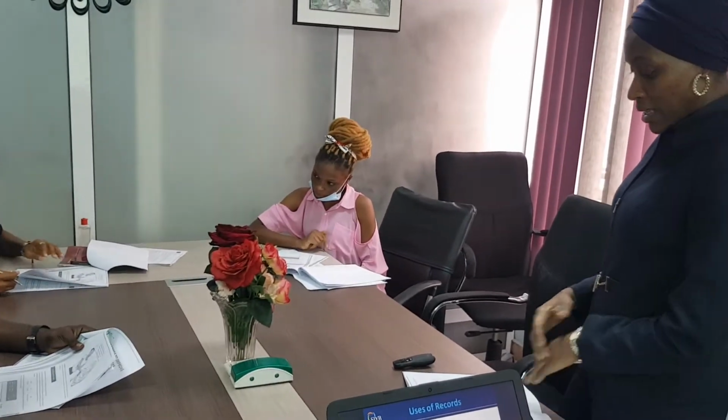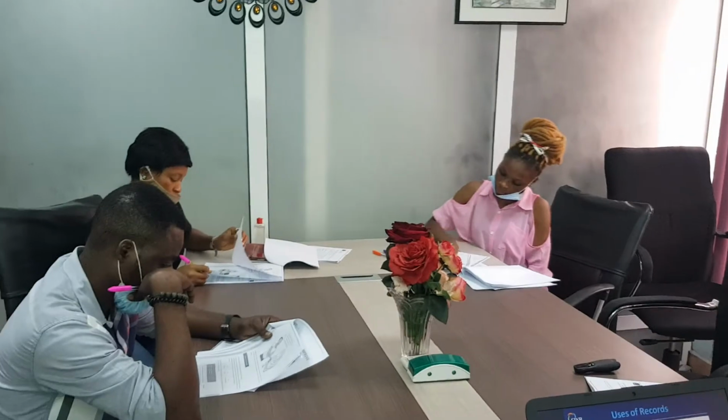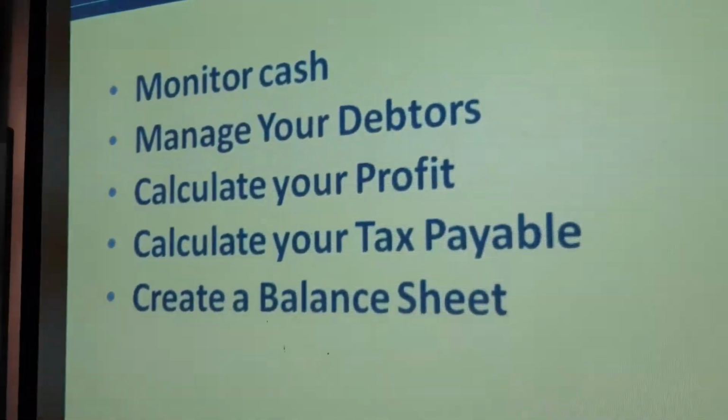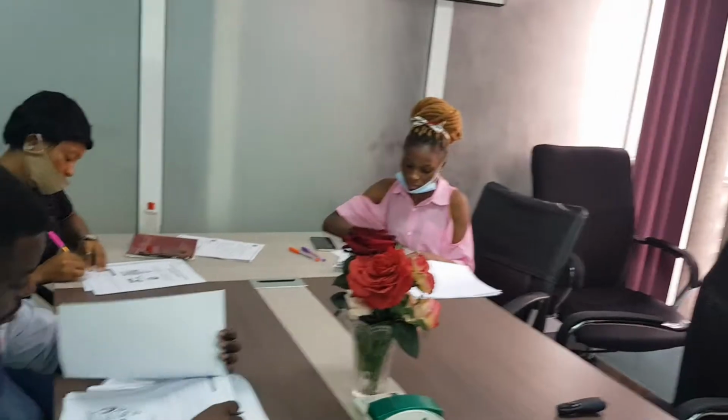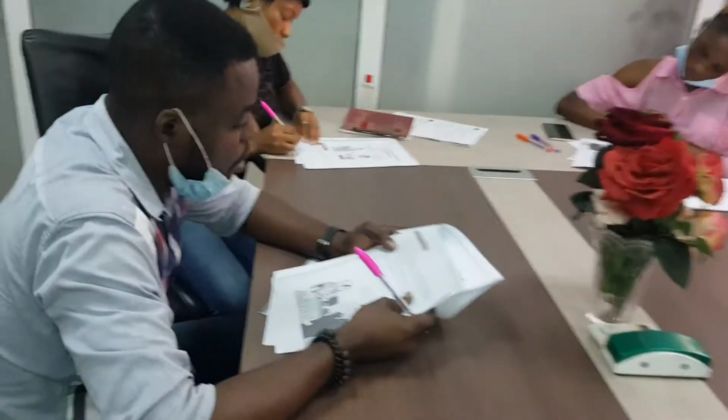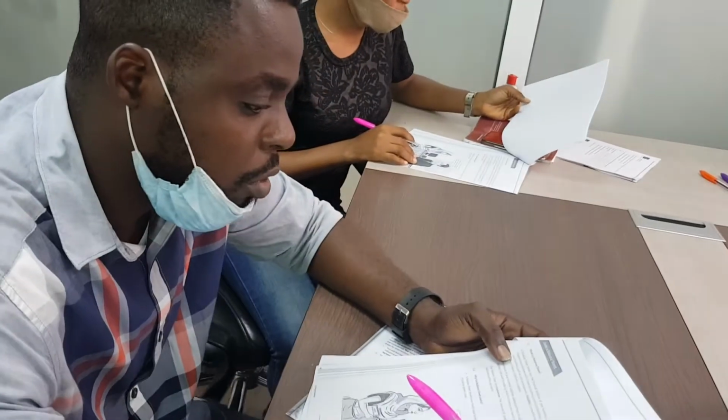And then I think the final one, number 5, is to create a balance sheet. Someone should please read just 5.1. The balance sheet shows you the financial position of your business.